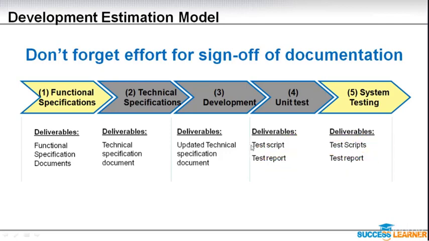So there's a lot of documents, and it takes time both for creating the documents, quality assurance of the documents, as well as the sign-off of the document. Sign-off is often underestimated, and it often takes much longer time than anticipated.